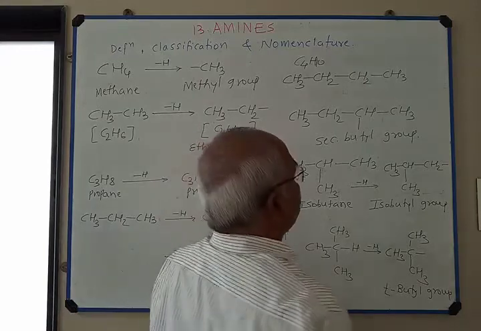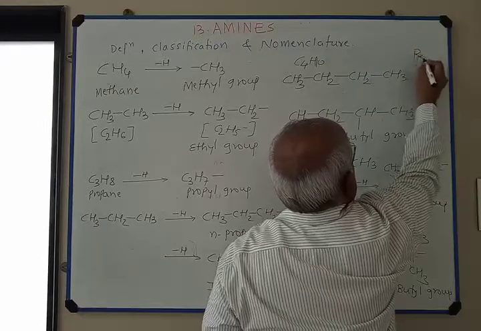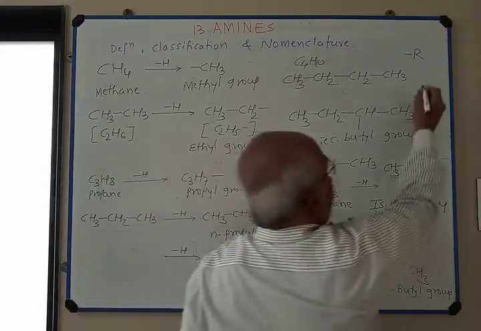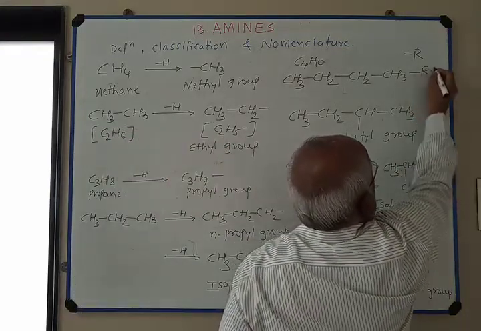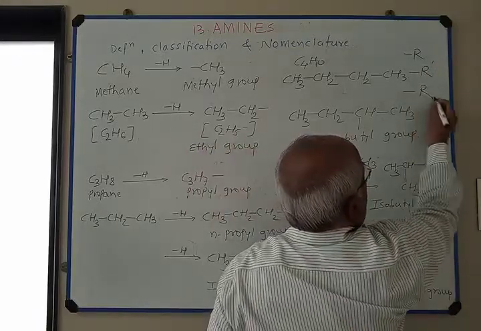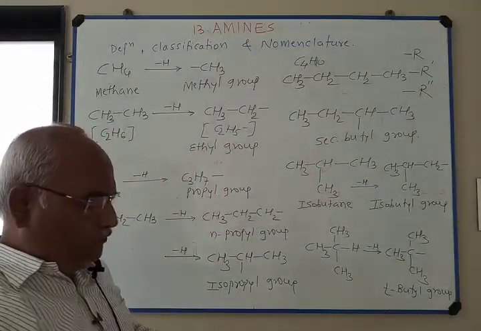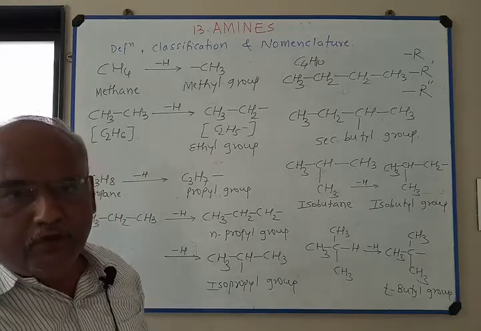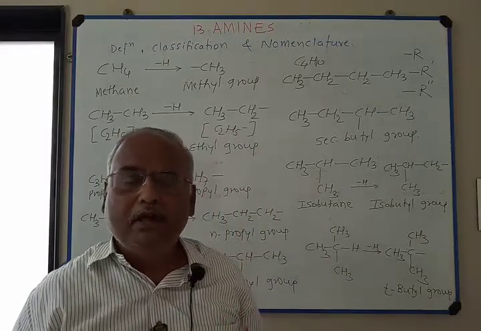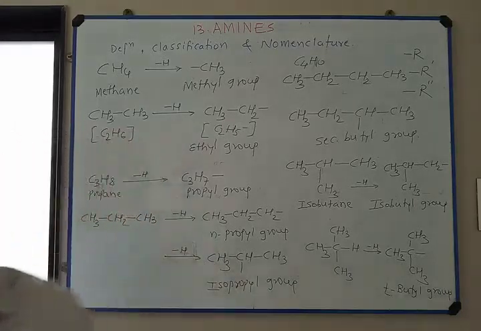These alkyl groups are denoted by letter R. Single bond R represents alkyl group R, or it is also denoted by R dash, or by R double dash. So this is about different types of alkyl groups. When one hydrogen is removed from alkane, the remaining group is called alkyl group or alkyl radical.